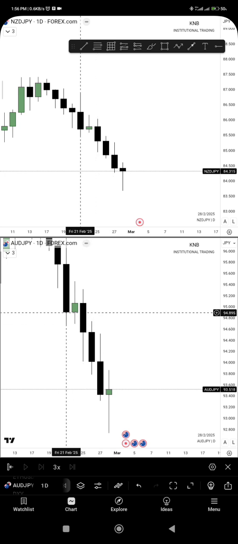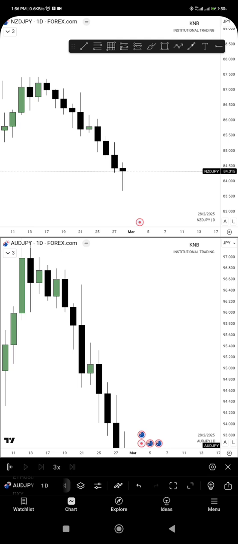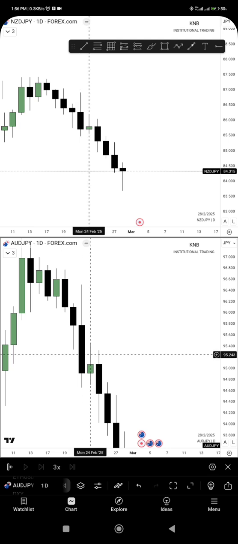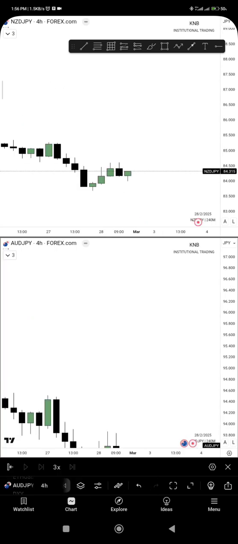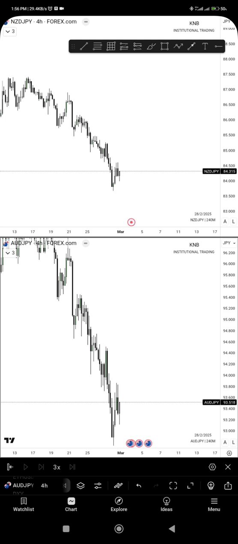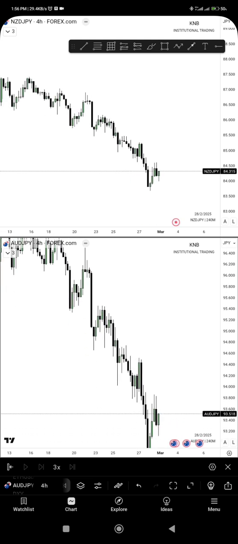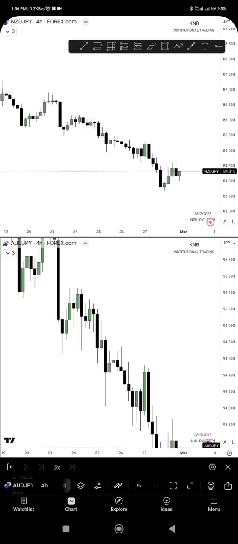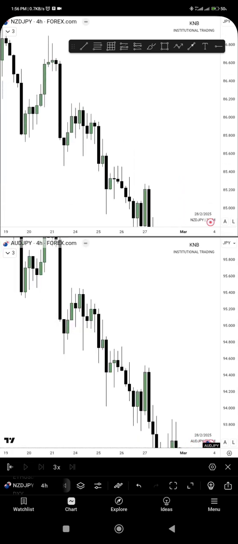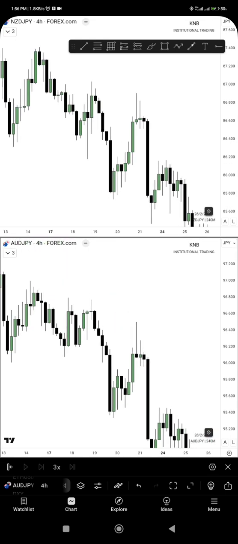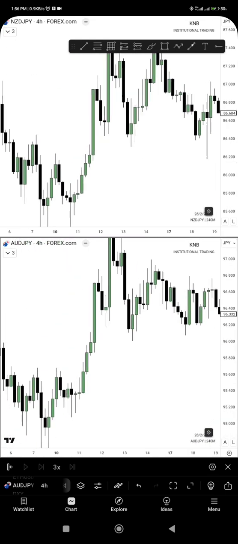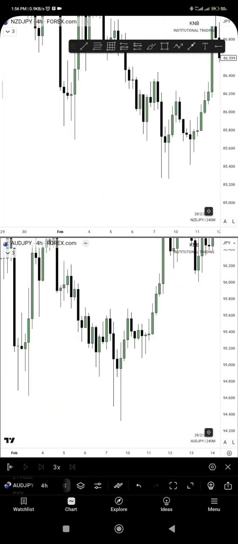Was it on Monday? Nah, it's not this day. Was it from the daily time frame? Let me check the 4-hour time frame. I can't remember when. I know it's for a sell. And I've cleared my charts.